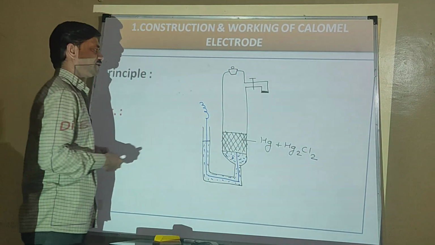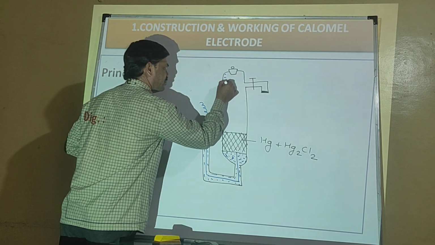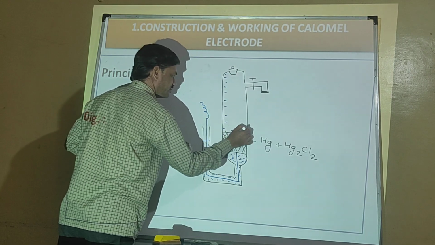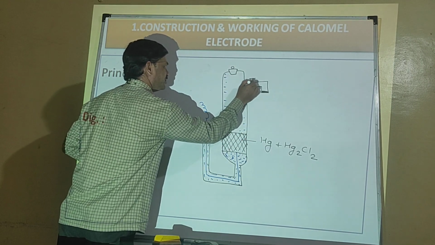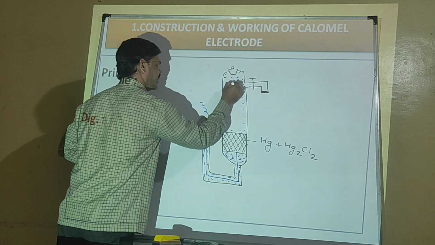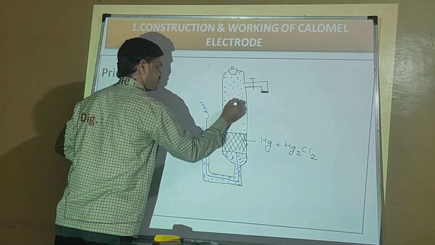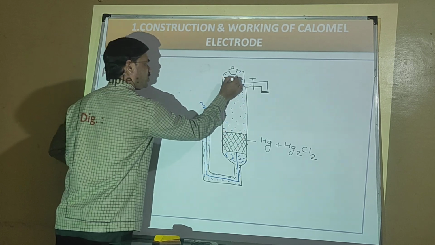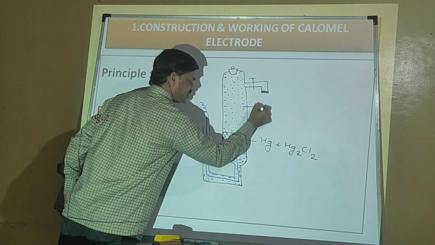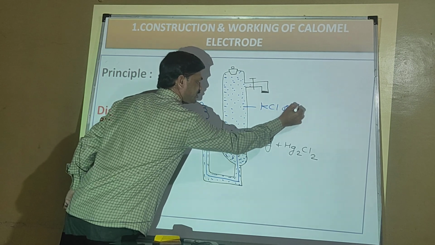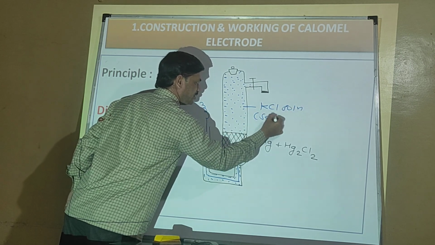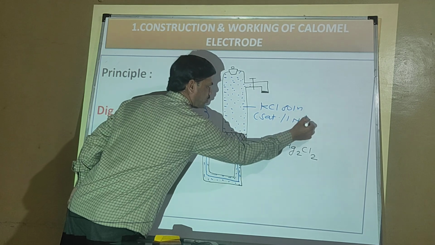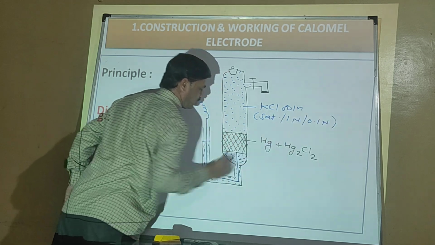So +1 is the mercurous ion, and the complete remaining part of the tube is filled with KCl solution, and that KCl solution may be saturated KCl, 1 normal KCl or 0.1 normal KCl. Remember, this is KCl solution. What about its nature? It may be saturated, 1 normal or 0.1 normal.